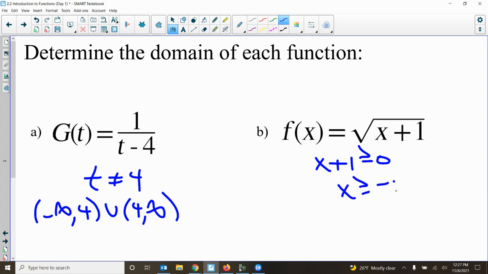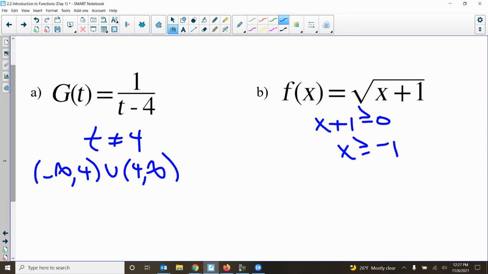So x has to be greater than or equal to -1. Or, of course, if we wanted to write it in fancy schmancy interval notation, it would be square bracket -1 comma infinity. Round parenthesis.